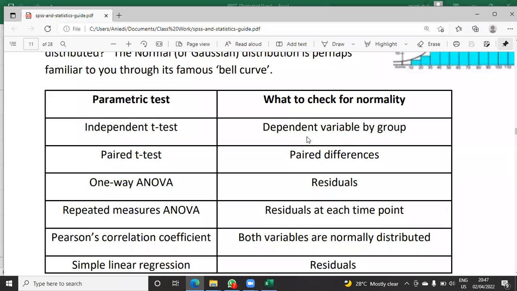So if the male contributes more to the dependency, or if the female contributes more to the dependency, then the paired test, you are checking how different they are.